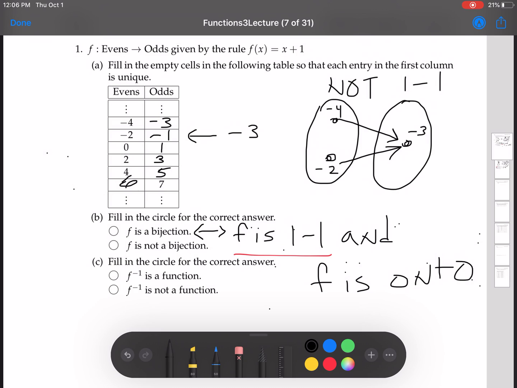So there we'd have two inputs, namely -4 and -2, going to the same output, -3. What I'm saying here is this is if I was to replace this -1 right there with -3. Now I'm not going to do that because that's not what makes sense for this function. This function doesn't have that property. But that's how a table would look where it was not 1 to 1: you'd have repeated values in the output column.